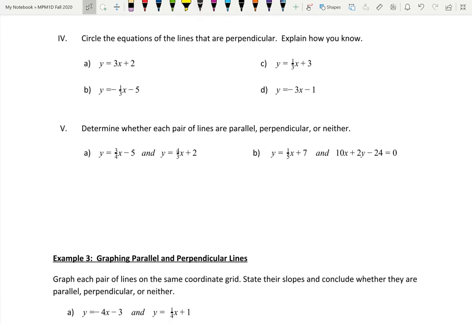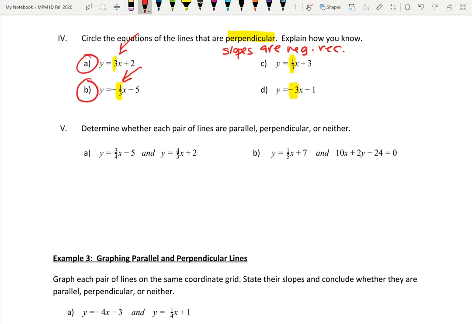Circle the equations of the lines that are perpendicular. I'm just going to highlight the slopes again. Remember that perpendicular means that slopes are negative reciprocals. They are not the same, but they are negative reciprocals. So if this slope is 3, then the negative reciprocal would be -1/3, which is here.